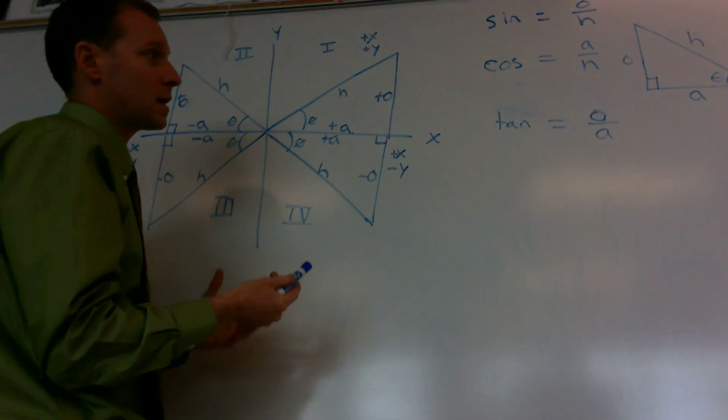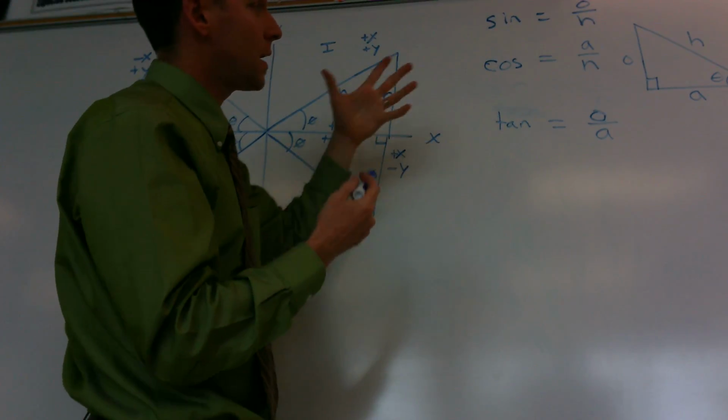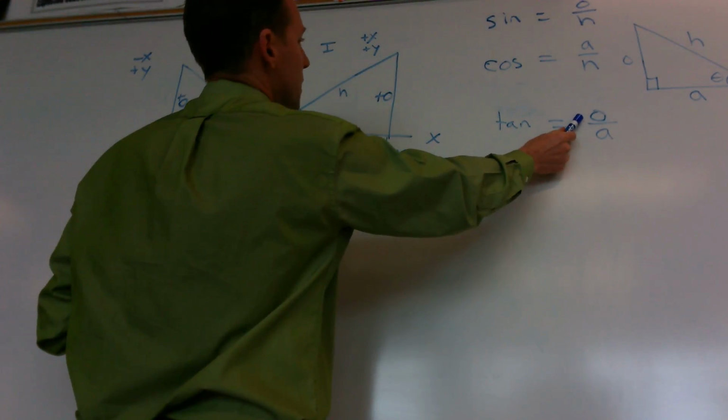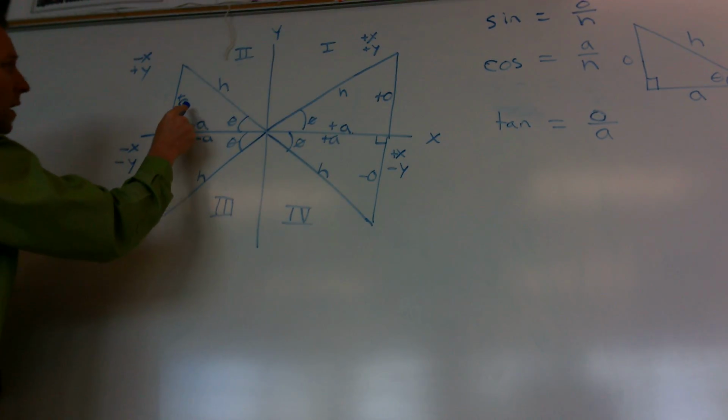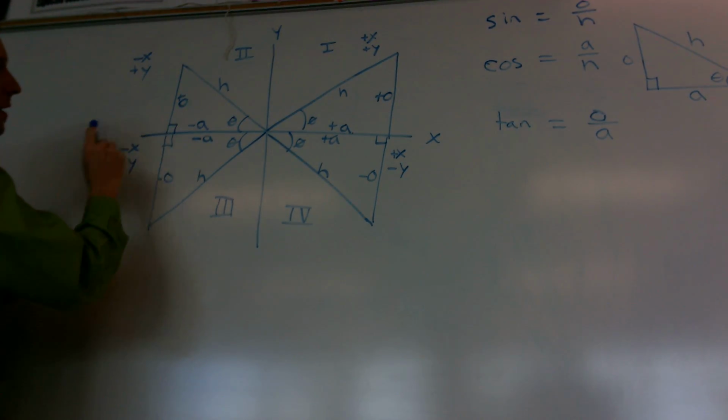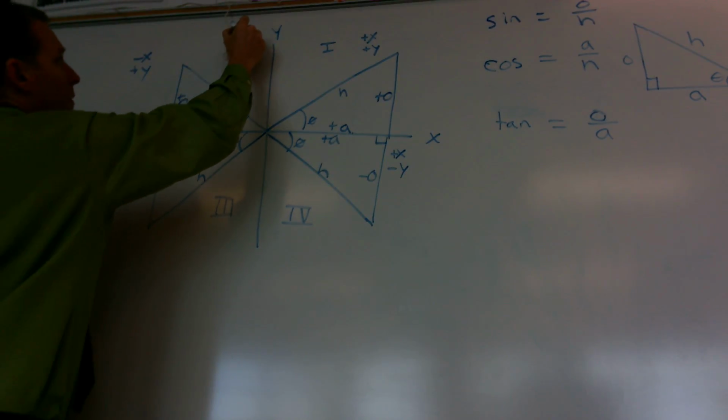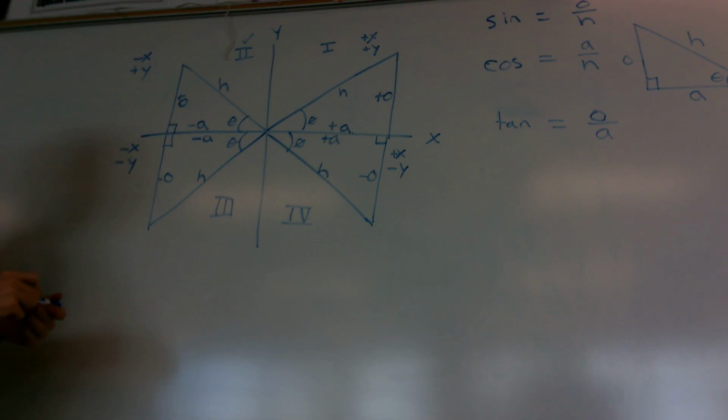So opposite over adjacent, quadrant 1, those are positive. Opposite over adjacent in quadrant 2, there we go, there's our negative. So that is our correct answer for that.